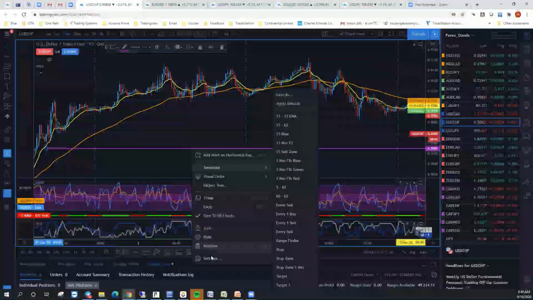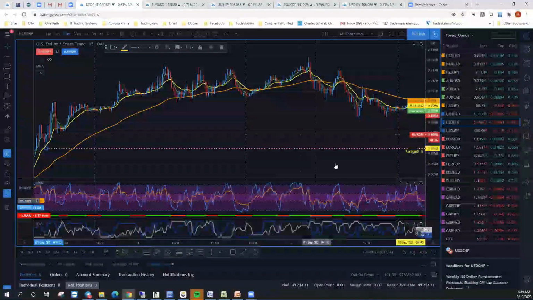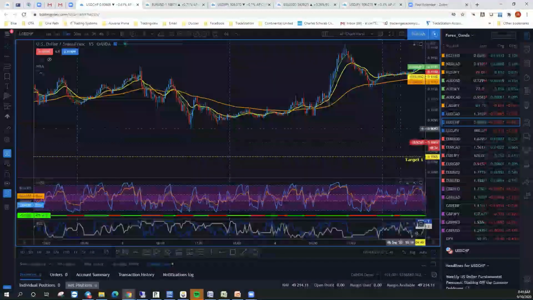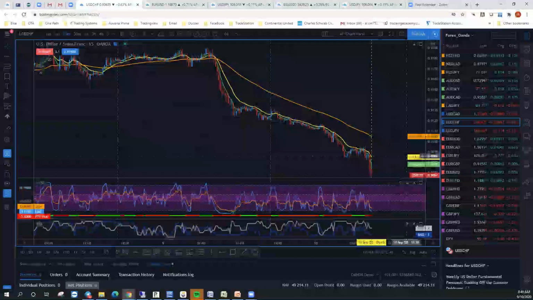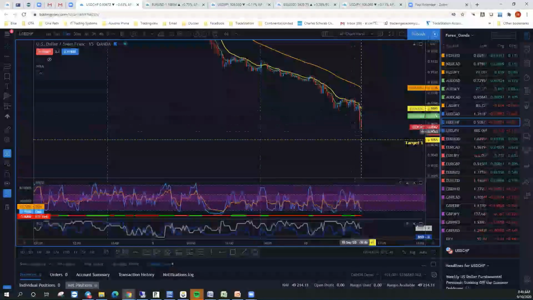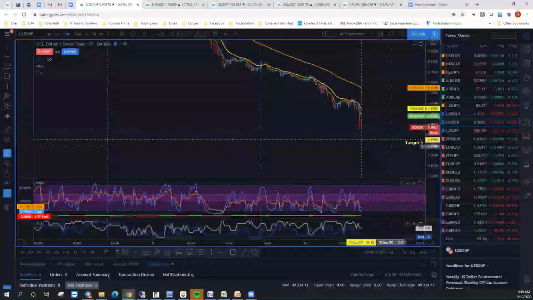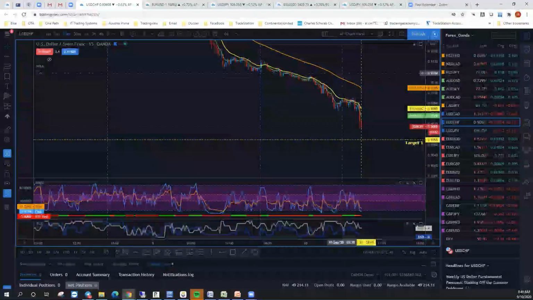I'd label it as a target. I don't like this at all right now. I would have to wait for it to come down and give me a little wedge down in here, and then maybe you could justify a break to the downside or come up and retest the 62.